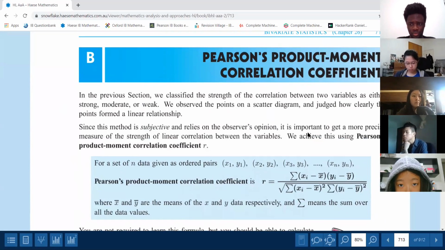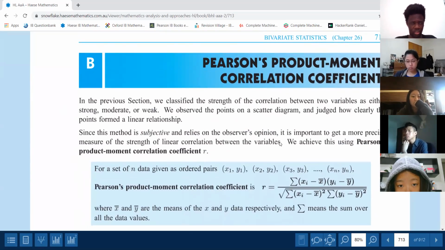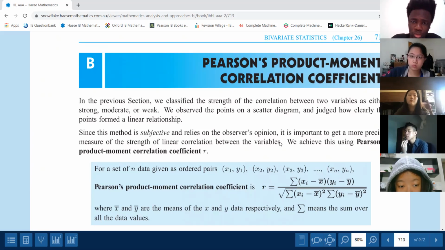Now let's move to this. You see, there's positive, there's moderate, there's weak. We have a way of describing it with a numerical value. And that is what we do with the Pearson's product moment correlation coefficient.